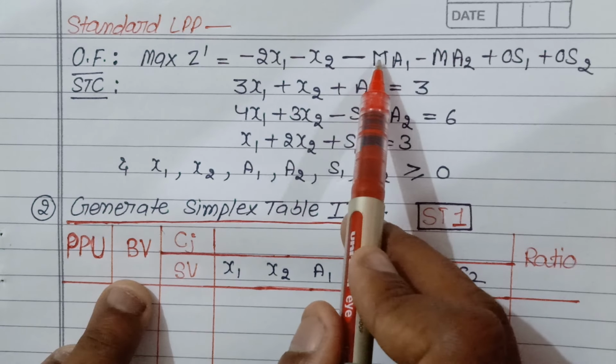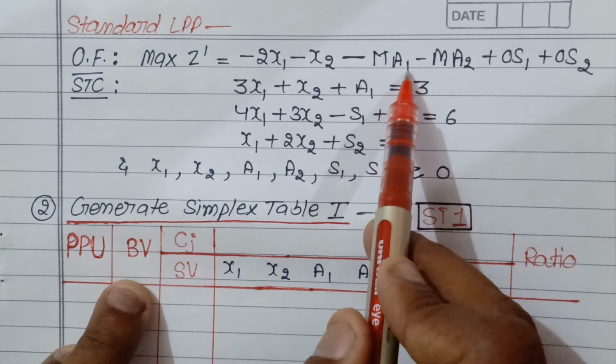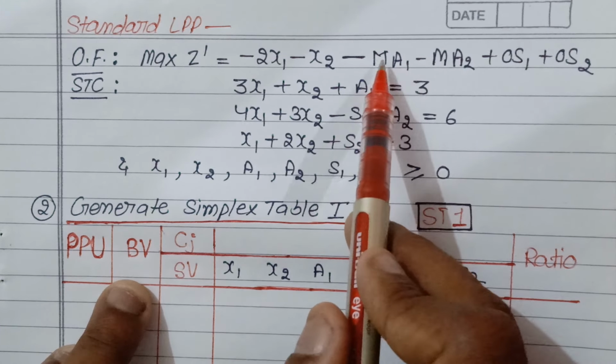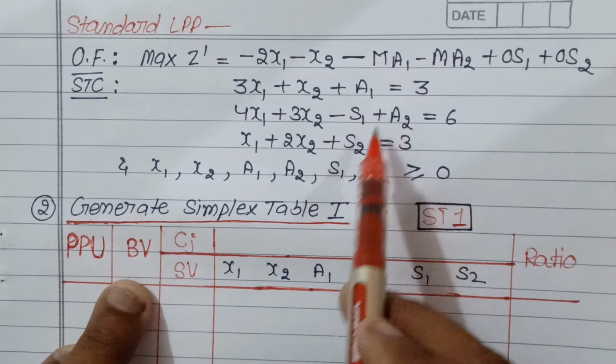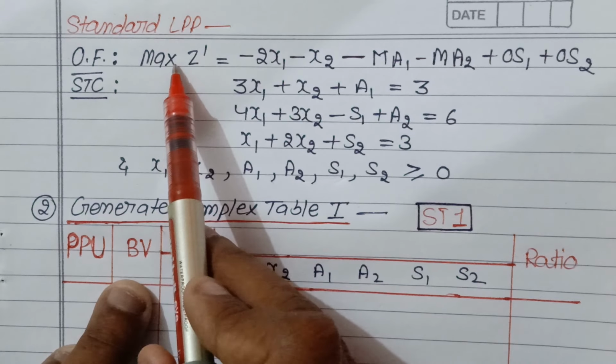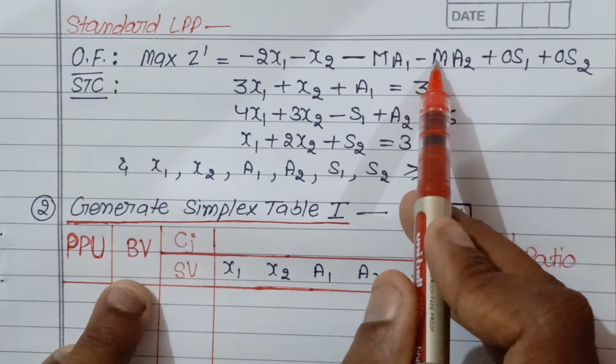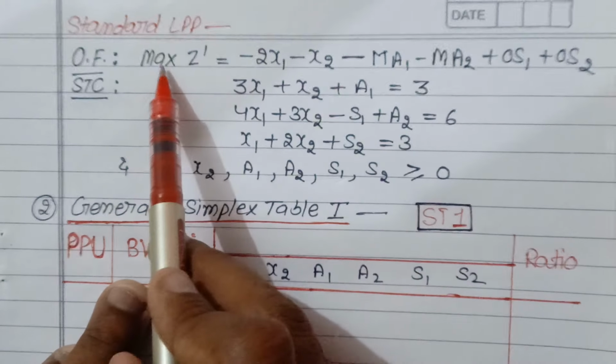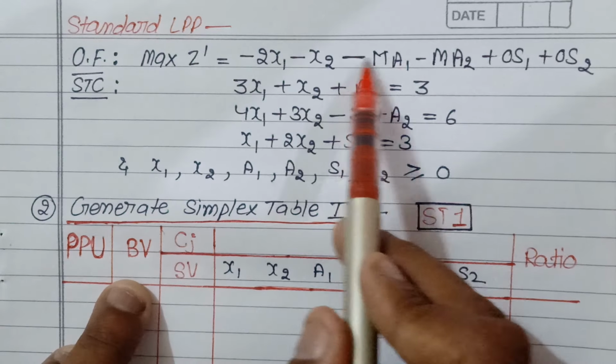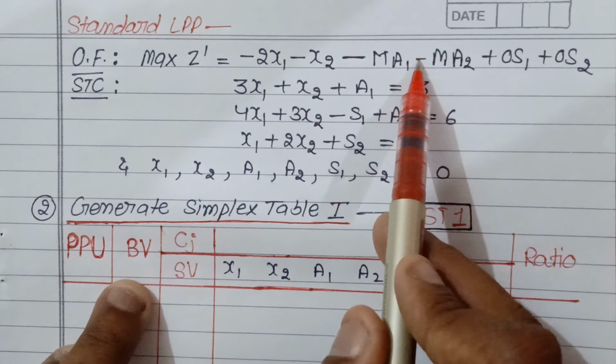This minus M has been multiplied with A1 so that finally in the final solution this can be removed, and M is a large value. Similarly, as the equation is of maximization type, we again have to multiply A2 with minus M. If the equation is of minimization type, these two symbols for M will be of a positive sign.